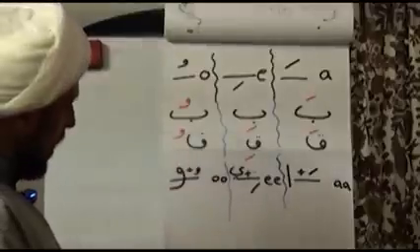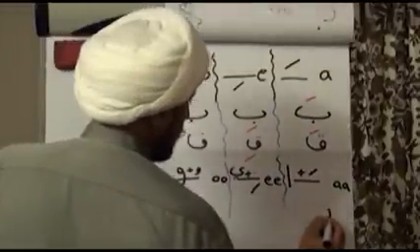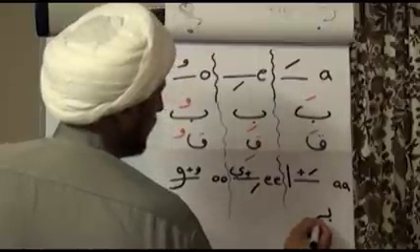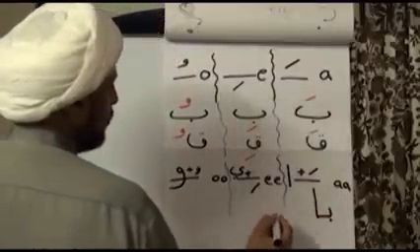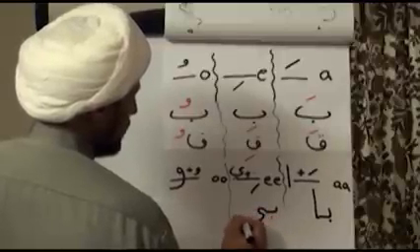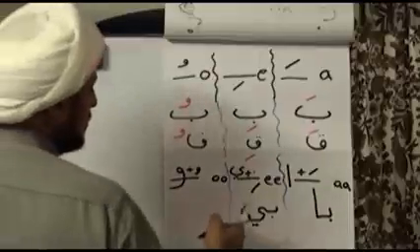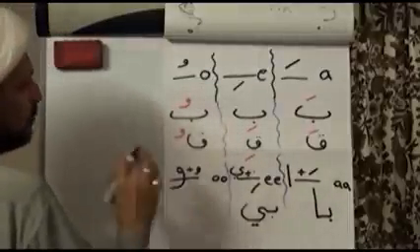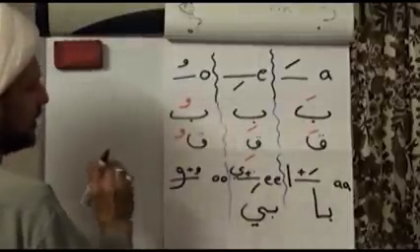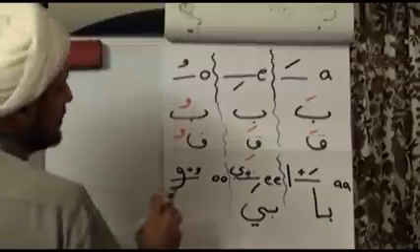Let's take our ba. Now we said that we are going to cut the tail of the ba and put alif. We are going to cut the tail of the ba and put ya. At the end, we don't cut the tails of the letters. When the alphabetical letters get attached from the end of the letters, we don't cut.